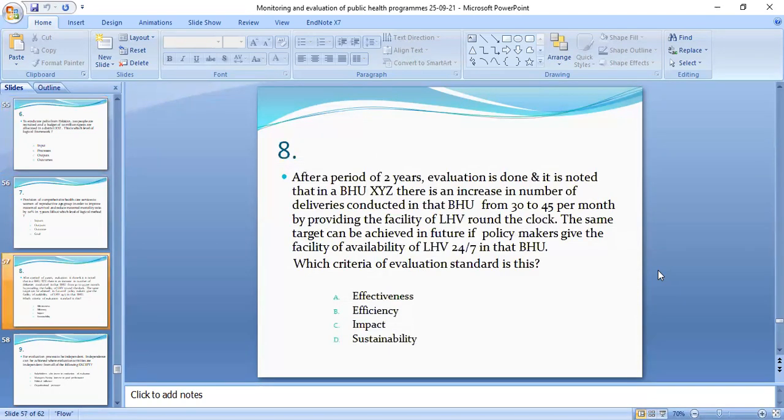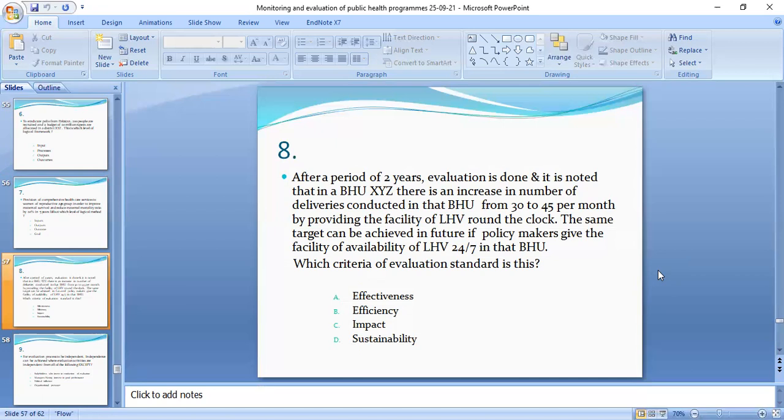Eighth MCQ: after a period of 2 years, evaluation is done and it is noted that in a BHU XYZ there is an increased number of deliveries conducted, from 30 to 45 deliveries per month, by providing the facility of LHV round the clock. The same target can be achieved in future if policymakers give the facility of availability of LHV 24/7 in that BHU. Which criteria of evaluation standard is this?